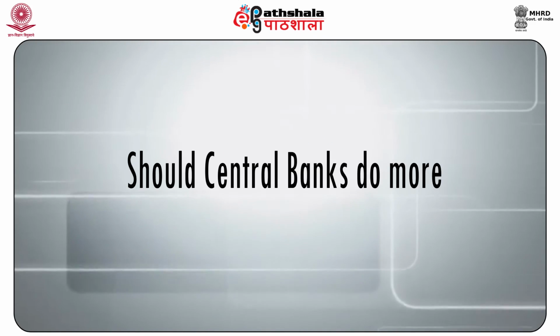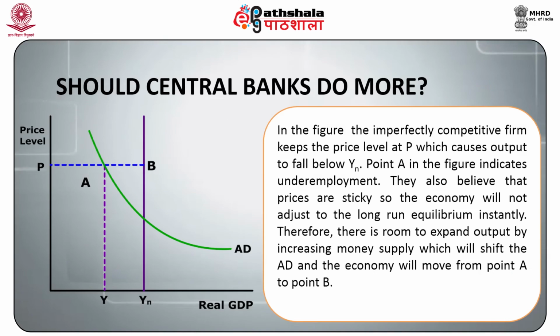Next, should central banks do more? The new Keynesians favor an activist policy as they believe that the economy tends towards underemployment when imperfectly competitive firms restrict the output by keeping the prices high. In figure 3, the imperfectly competitive firm keeps the price level at P, which causes the output to fall below Yn.